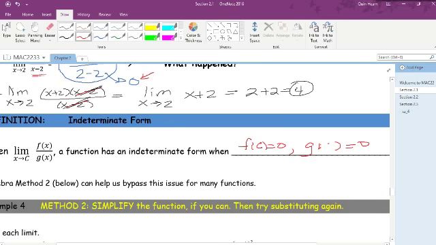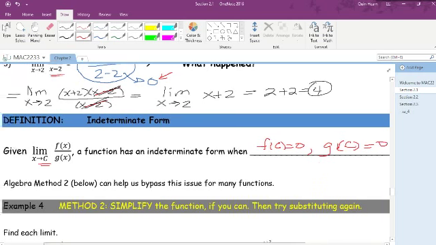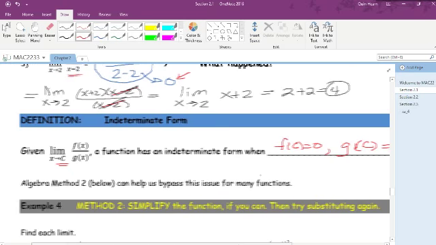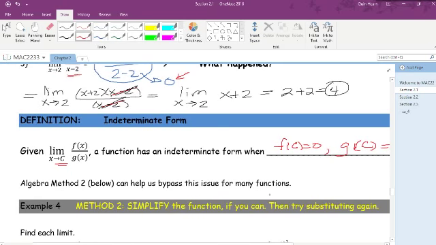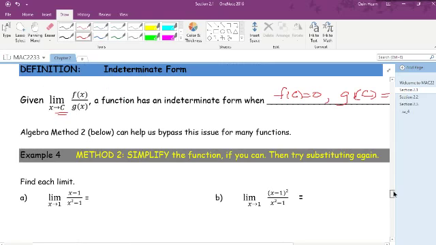If f of c is 0 and g of c is 0, if we plug in this x value and we get 0 on the top and the bottom, we have an indeterminate form. And so we have to try simplifying to get rid of the indeterminate form. Okay, so let's look at a couple of examples like that.